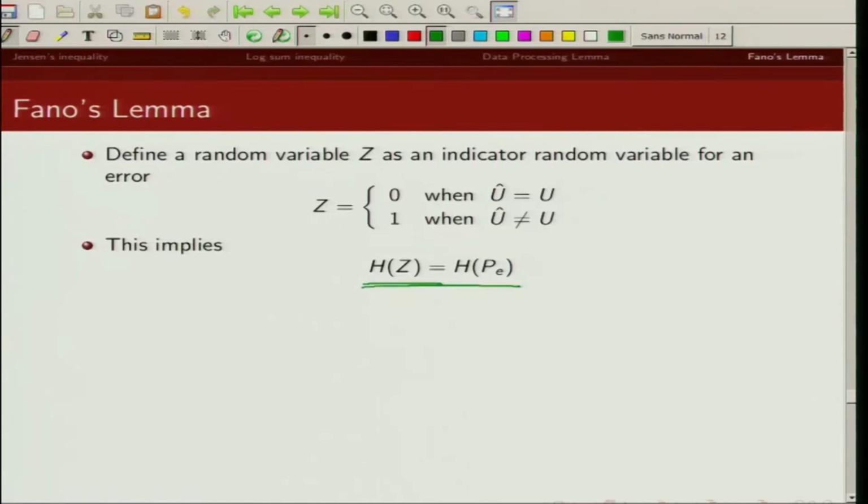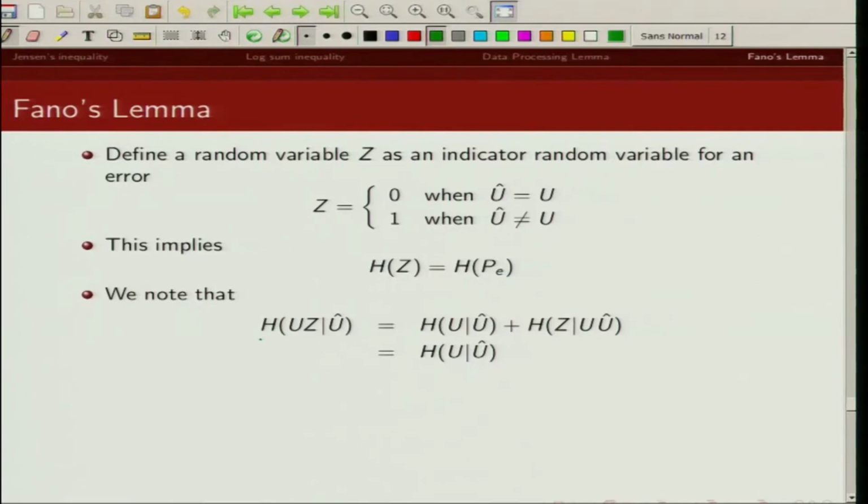So z takes two values, so with probability 1 minus Pe there is no error, and with probability Pe there is an error. So then the entropy of z will be given by minus Pe log Pe minus (1 minus Pe) log (1 minus Pe), which is nothing but the entropy of Pe. Okay.